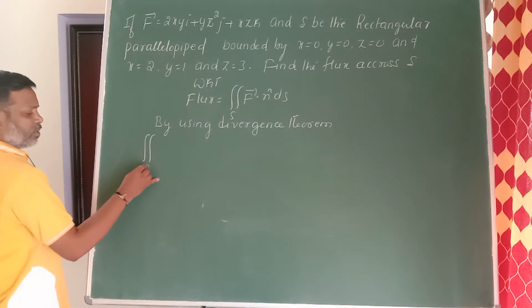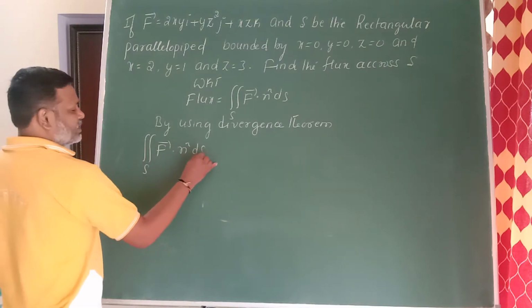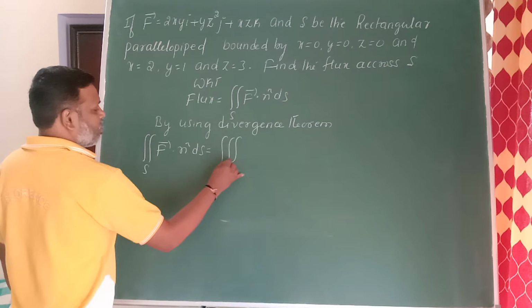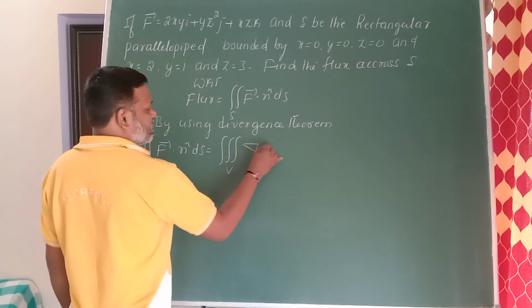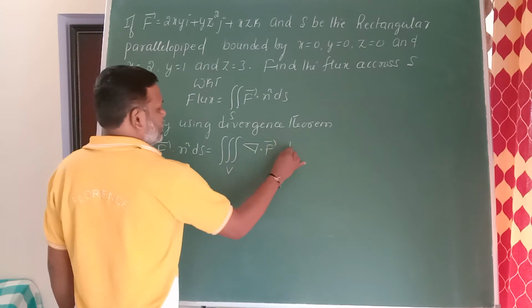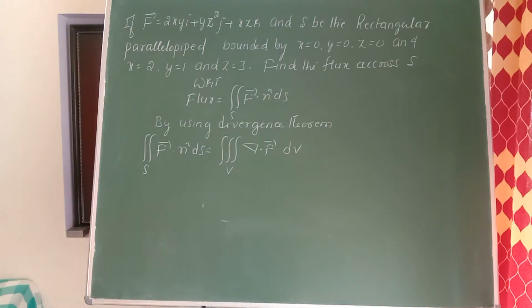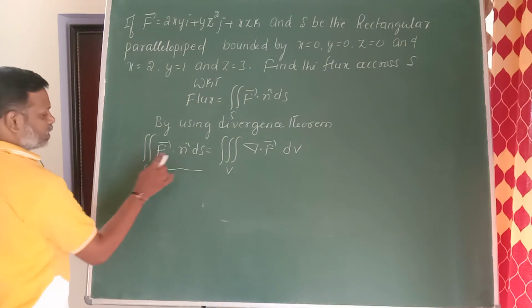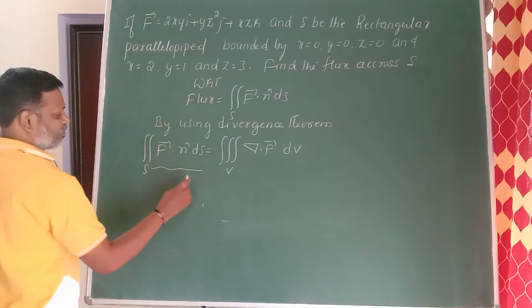So double integral over S F dot n cap into dS is equal to a triple integral over volume of del dot F into dV. This is the formula. Now this portion, double integral over S F dot n cap into dS, is nothing but flux.